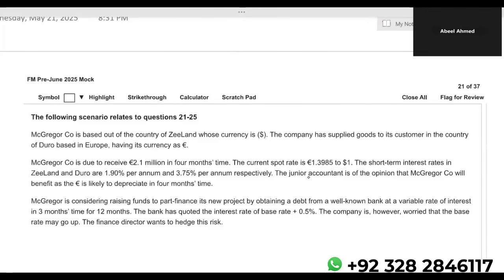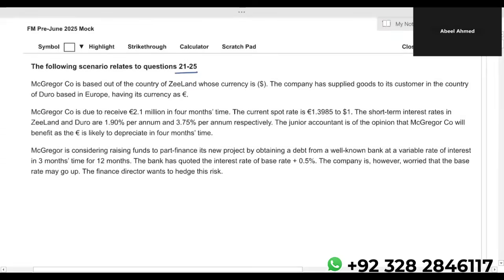Okay, students, let's discuss another question of section B. This scenario covers questions from 21 to 25. Let's read the first question and then the scenario.